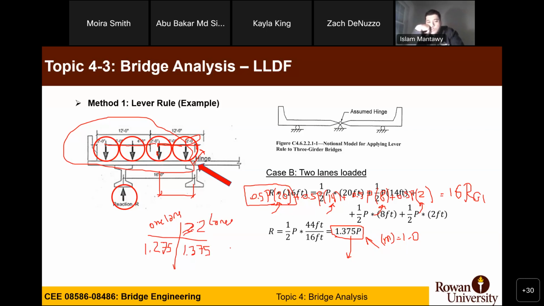Which one should you use? The 2-lane, because it's higher. So the live load distribution factor is higher. Thank you very much, Zach. Any question from anybody? So this is the lever rule, method number 1, correct?